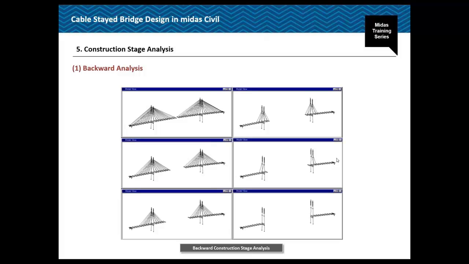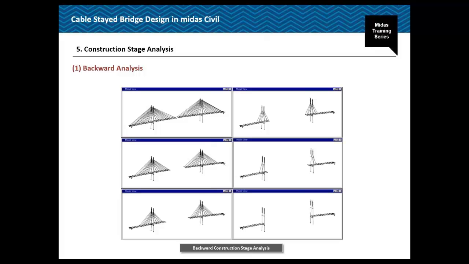And also there is one more limitation in the backward analysis. So in the backward analysis, at the key segment closure, the shear force and the bending moment should be close to zero. However, if the bridge geometry is non-symmetrical, not like this type, but if the geometry is like the non-symmetrical, in that case we cannot get the zero shear force and the bending moment.